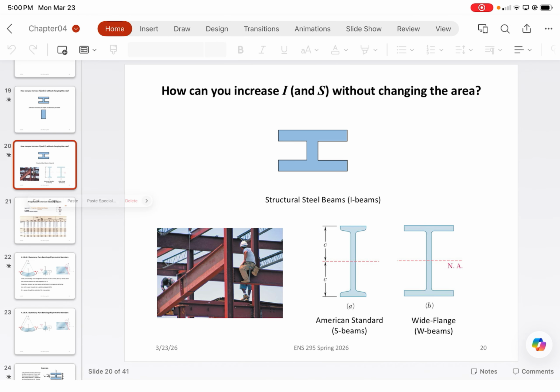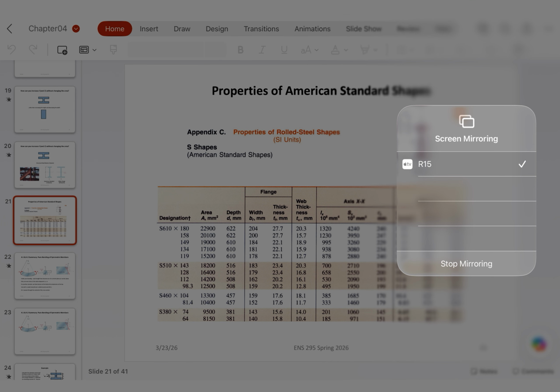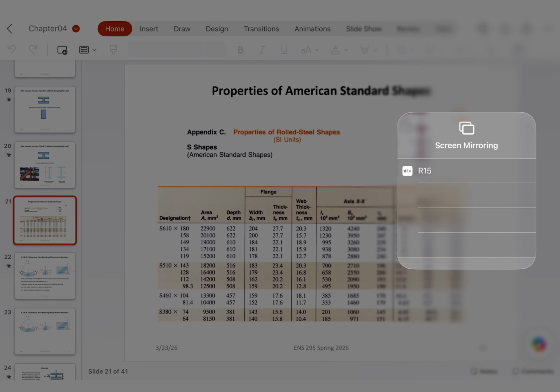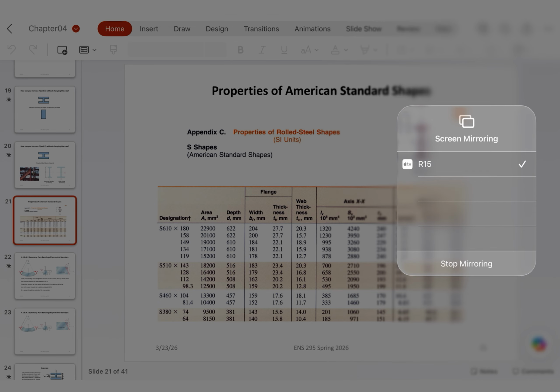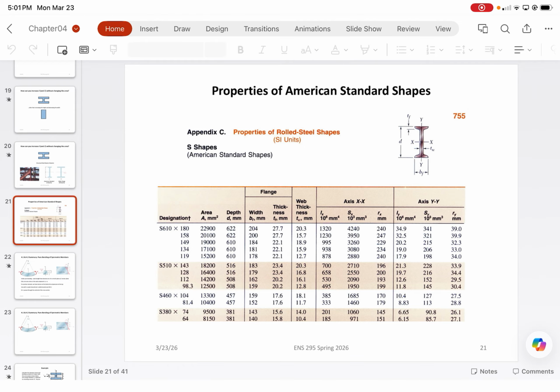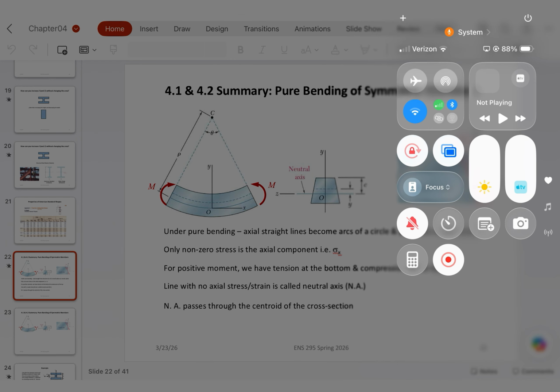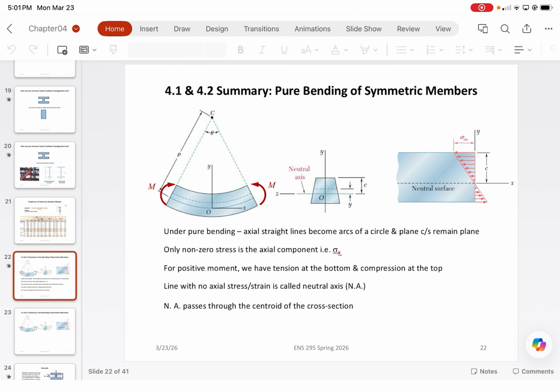Is my screen frozen? Interesting. I do not think my screen is working. Let me read that. I hope it's working. Okay. I don't think this is working still. What is going on?